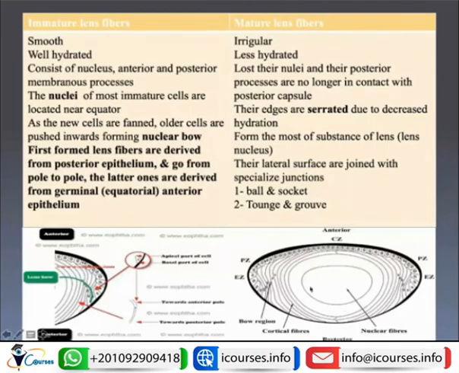For the mature lens fibers, the anterior process and the posterior process are joined by specific cell junctions. These cell junctions are called ball and socket and tongue and groove. As we said in the cornea, we have specific cell junctions like desmosomes, zonula occludens, and hemidesmosomes, but the lens fibers have specific types of cell junctions called ball and socket and tongue and groove.